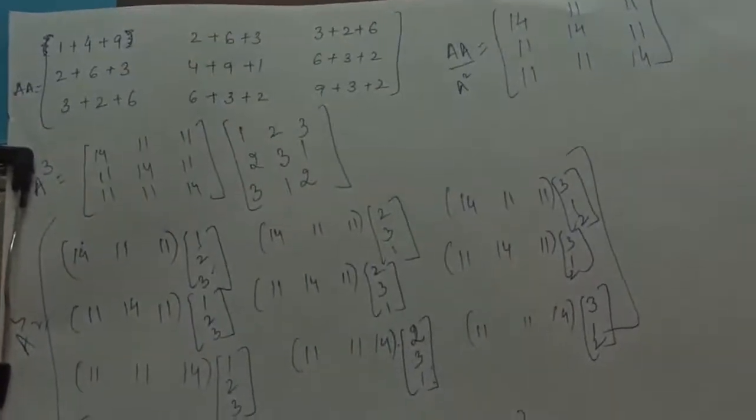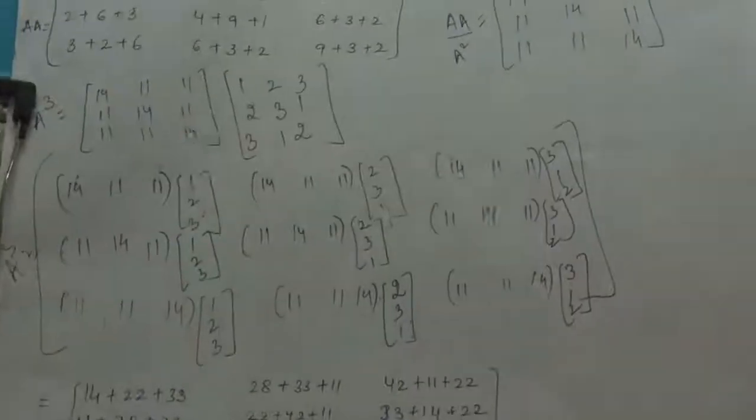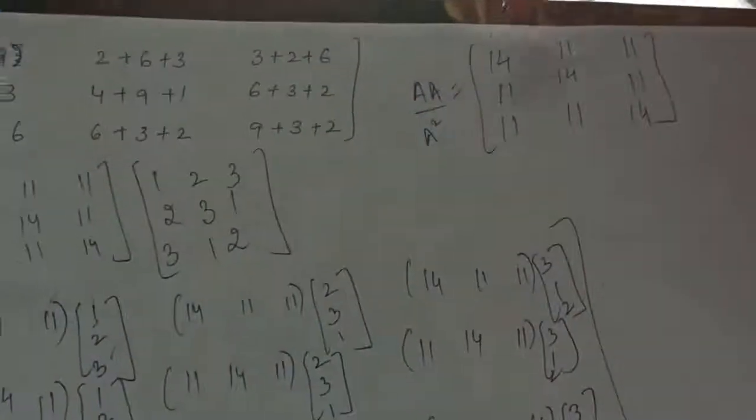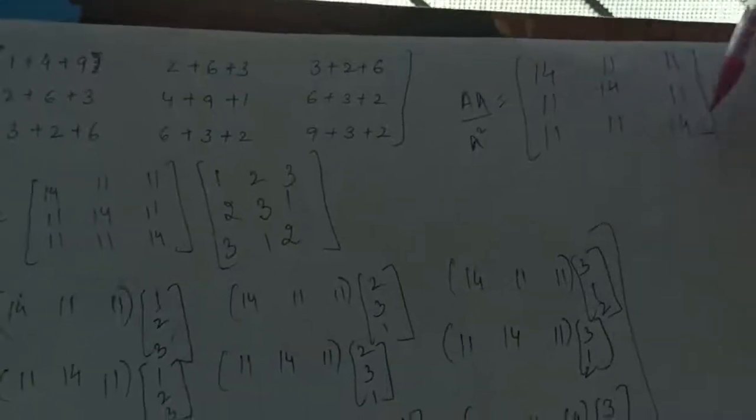First is multiplied by first, second with second, and we put a plus sign in between. In the same way the second column will be calculated and the third column will be calculated. And finally you will have this solution as A square. When you add these values: 14, 11, 11, 11, 14, 11, 11, 11, 14.